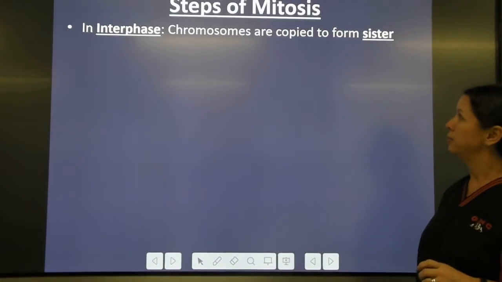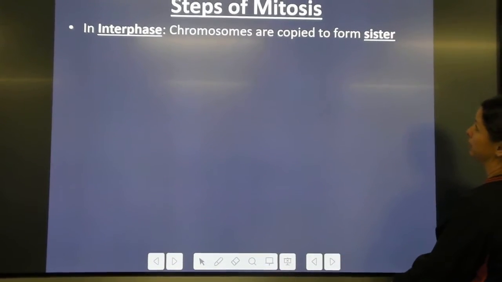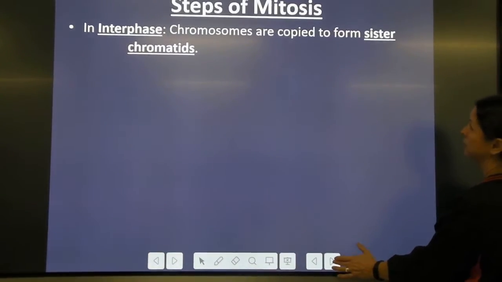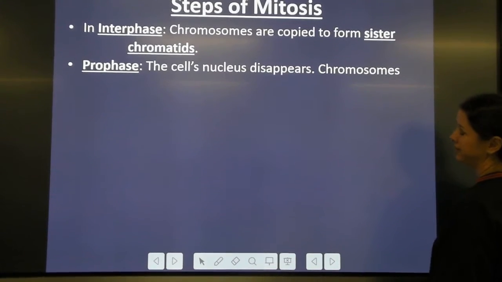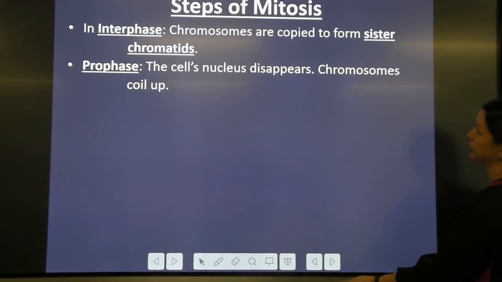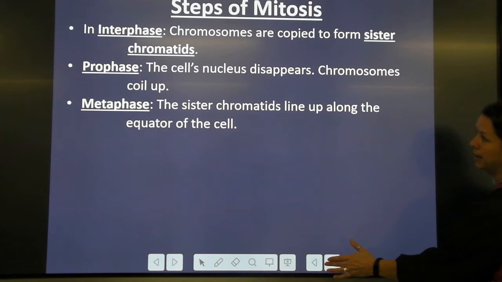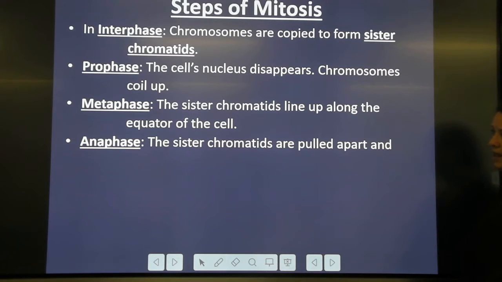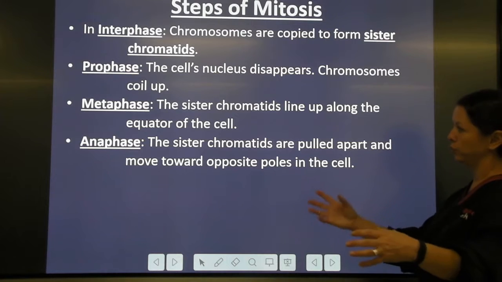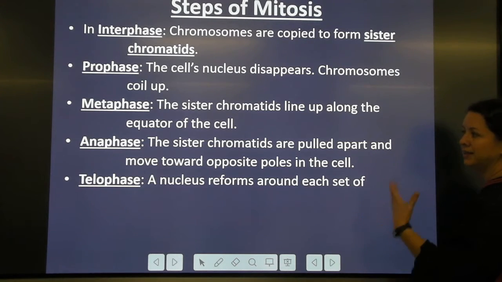So the steps to mitosis, just to remind you: the chromosomes are copied to form sister chromatids. Prophase, the cell's nucleus disappears, chromosomes coil up. Metaphase, the sister chromatids line up along the midline of the cell. Anaphase, the sister chromatids are pulled apart and move toward opposite poles.